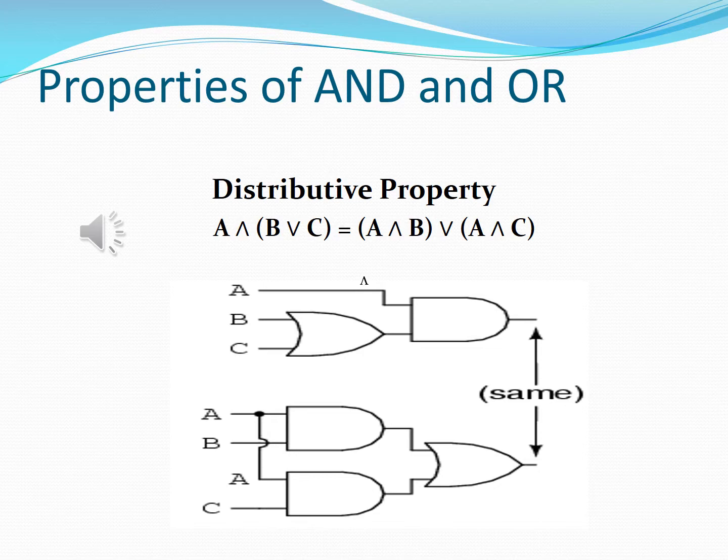So if you have an expression A and open parentheses B or C close parentheses, we can distribute this A outside into the parentheses, and then the expression would become A and B or A and C.